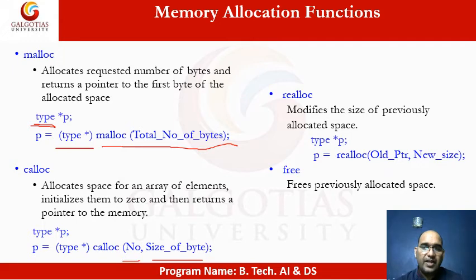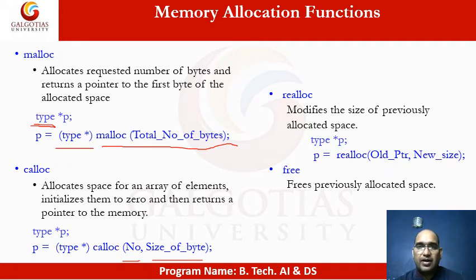We simply write the number, 10, and how many bytes the integer takes. As we are considering 4 bytes for an integer, it is 4. So 4 is the byte size for each element, and the number is the number of elements. The rest remains the same. The only difference is that it initializes them to 0, right?